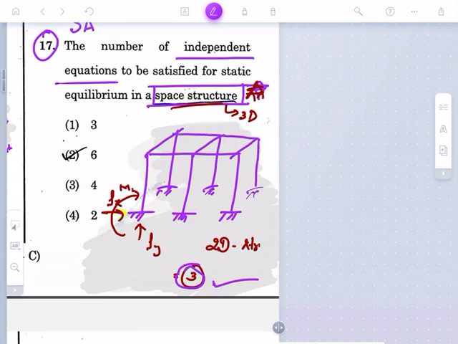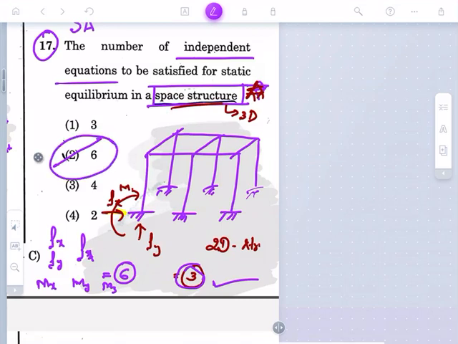So instead of 3 independent equations, in case of a space structure, that is a 3D structure, the total number of independent equations is 6. That is Fx, Fy, Fz, and moment at x, moment at y, and moment at z.